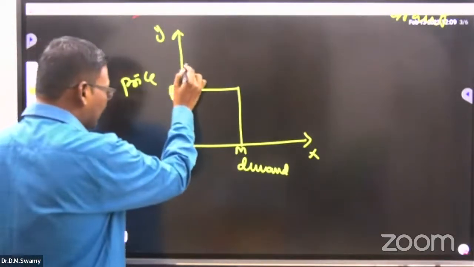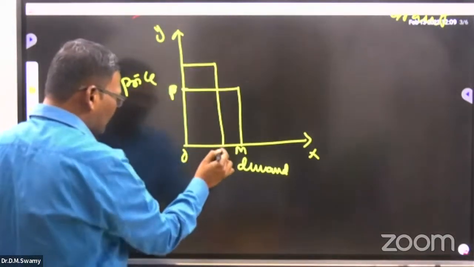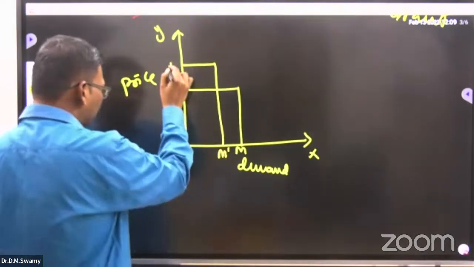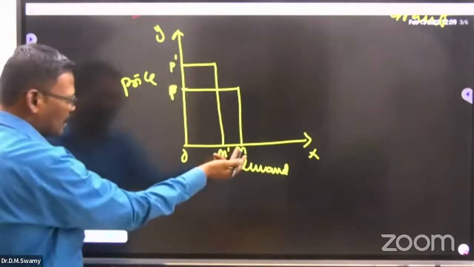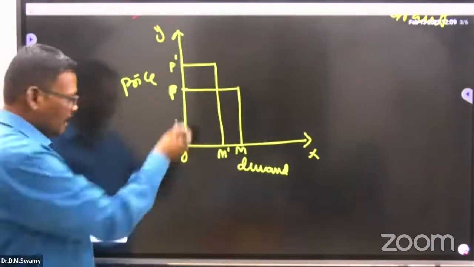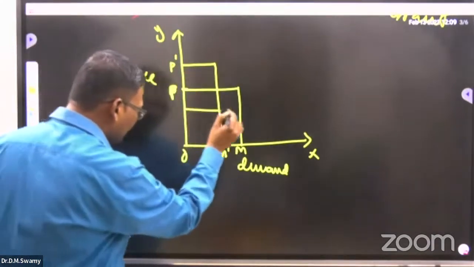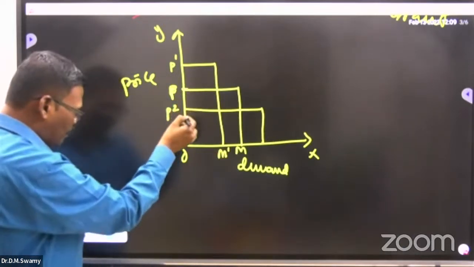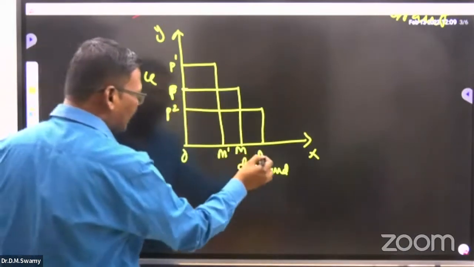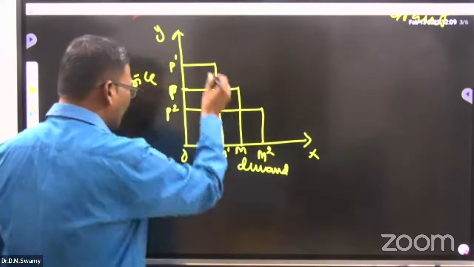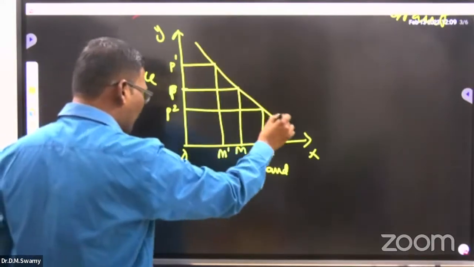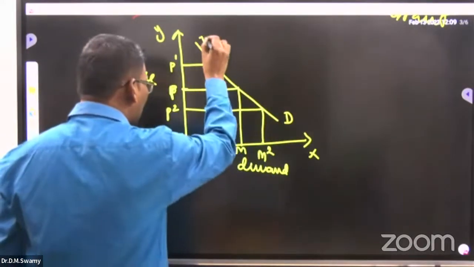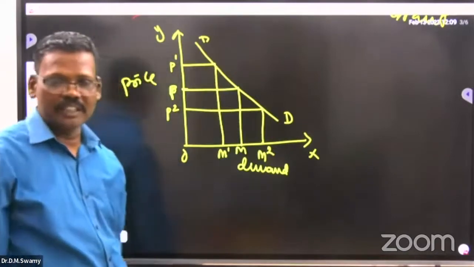If the price increases from OP to OP1, the demand is coming down. If the price decreases from OP to OP2, the demand increases from OM to OM2. If we add all these points, this is called the demand curve.